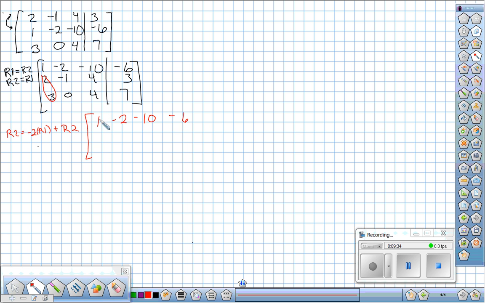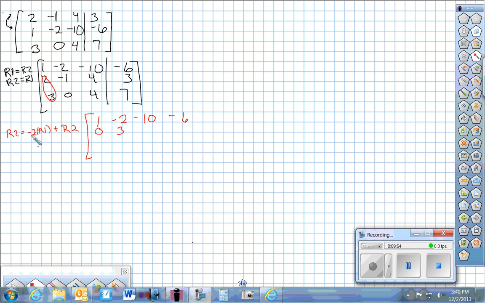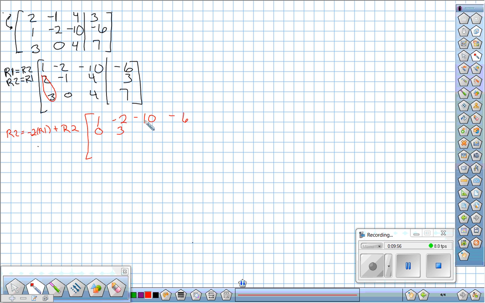So I have -2 times 1 is -2 plus 2, that gives me 0. I have -2 because of this guy times -2, that's +4 plus -1. So I have +4 and -1 is +3. So then I have -2 times -10 is going to be positive 20, and a 4 will be 24.